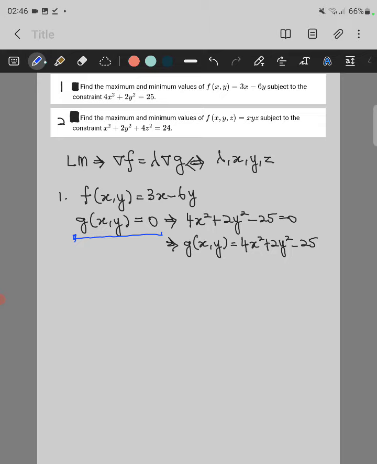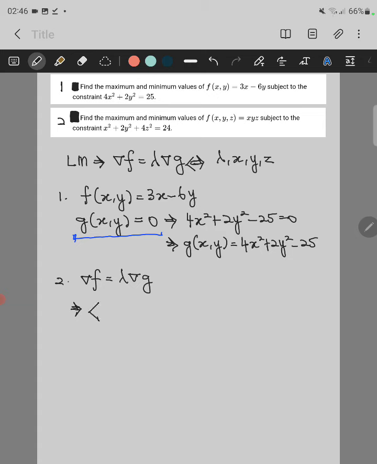And then we come to the second step. Now we need to consider the Lagrange multiplier, and we need to find all the terms here. What is the meaning of the gradient of f?